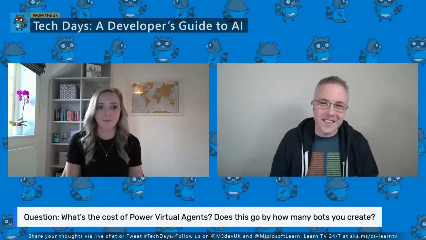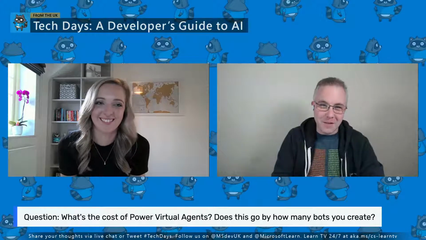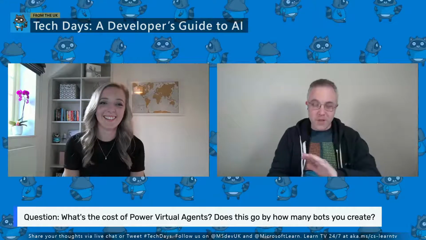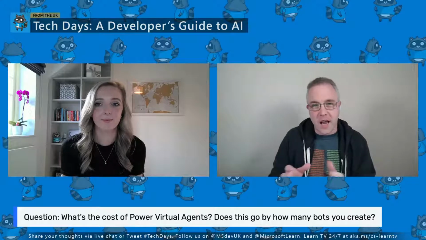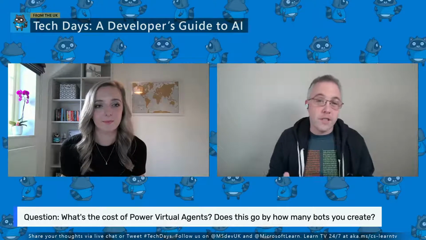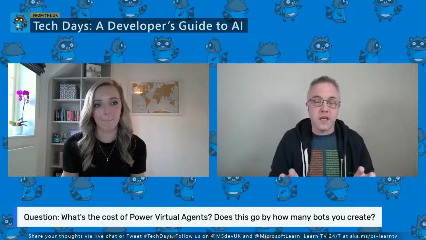Absolutely. You won't be surprised to hear this is not the first time I've had this question, but every time I get asked it, it gets easier to answer, which is awesome. So Power Virtual Agents is part of the Power Platform. It is built on top of the Bot Framework SDK, just like the Composer is. So they're both underpinned by the SDK.